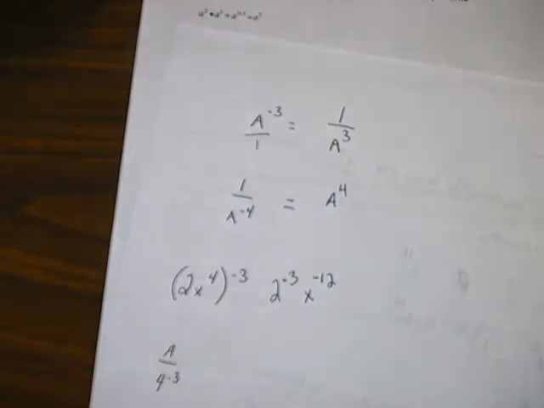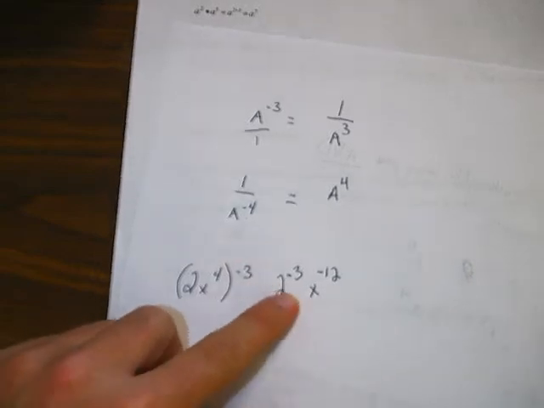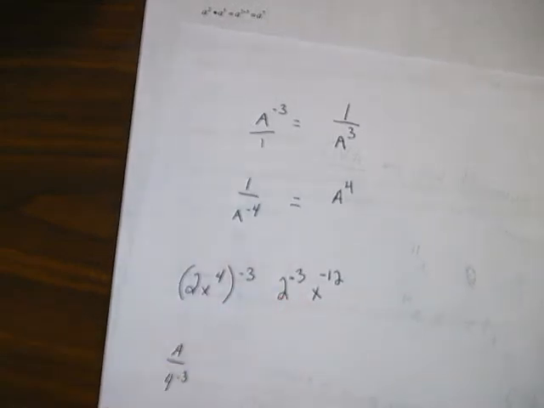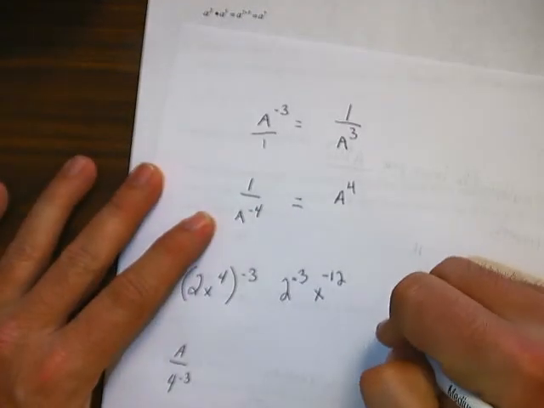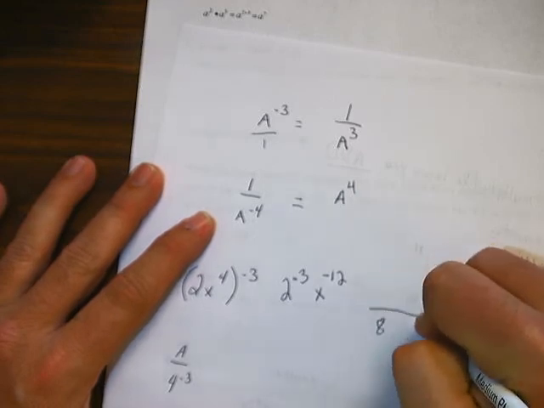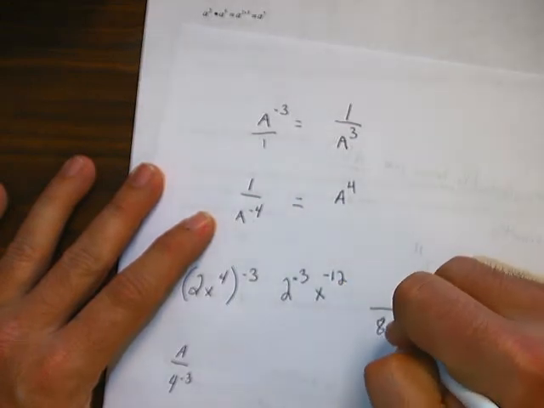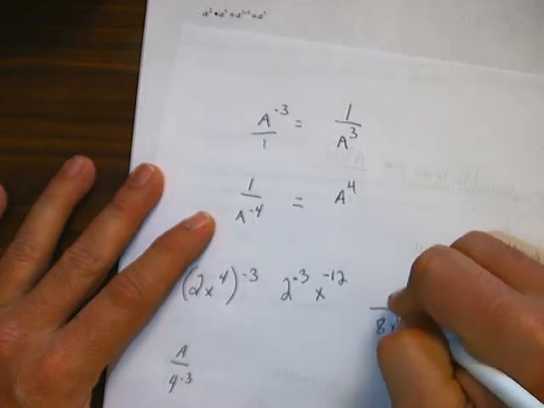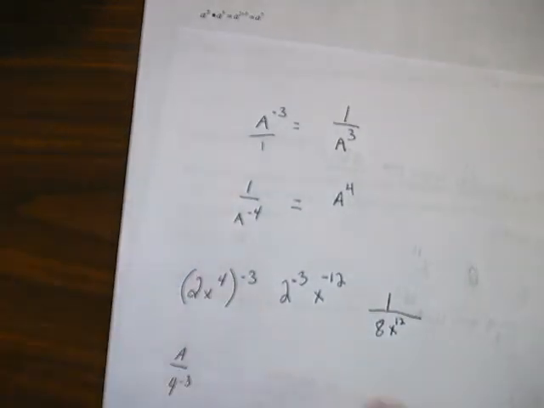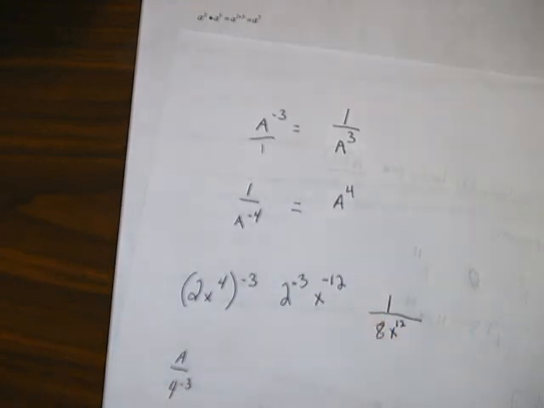Now, we have negative exponents. We have to make them positive. They're both on top, so they're both going to move to the bottom. We'll make this positive: 2 to the 3rd power on bottom. 2 cubed, that's 2 times 2 times 2 is 8. Now x also moves to the bottom because it's to the negative 12. So we'll make that positive and put it on the bottom. So my simplified answer would be 1 over 8x to the 12th.